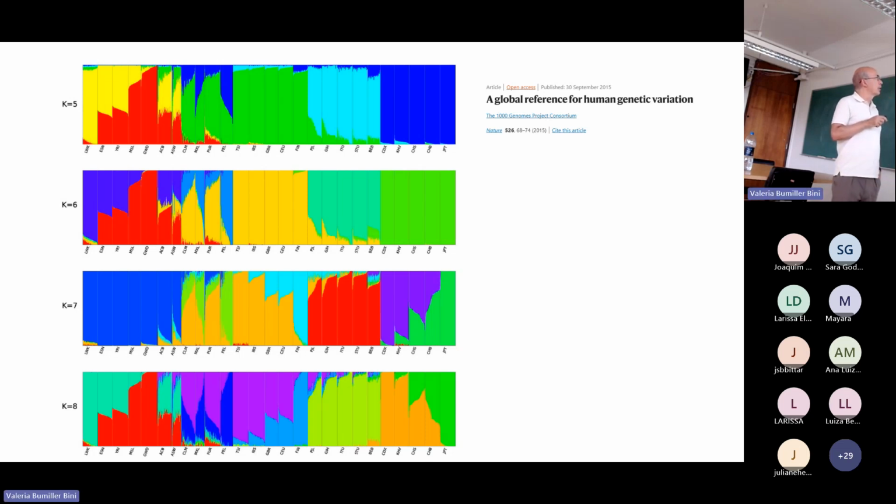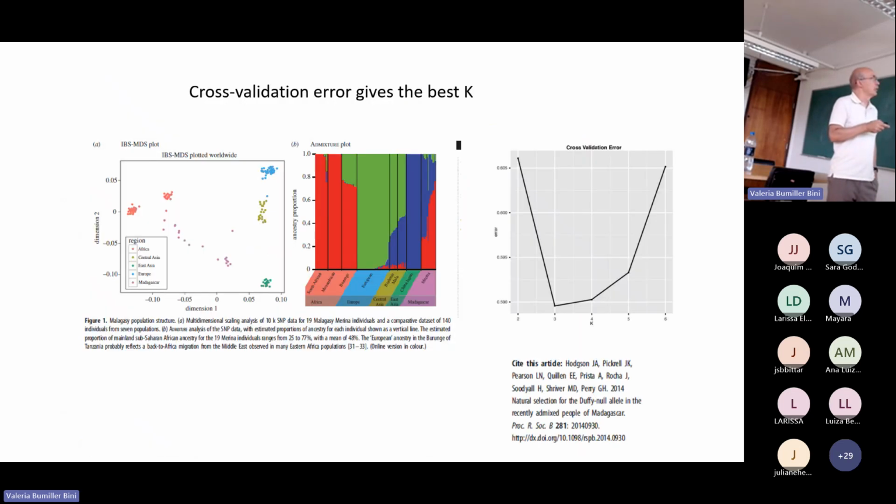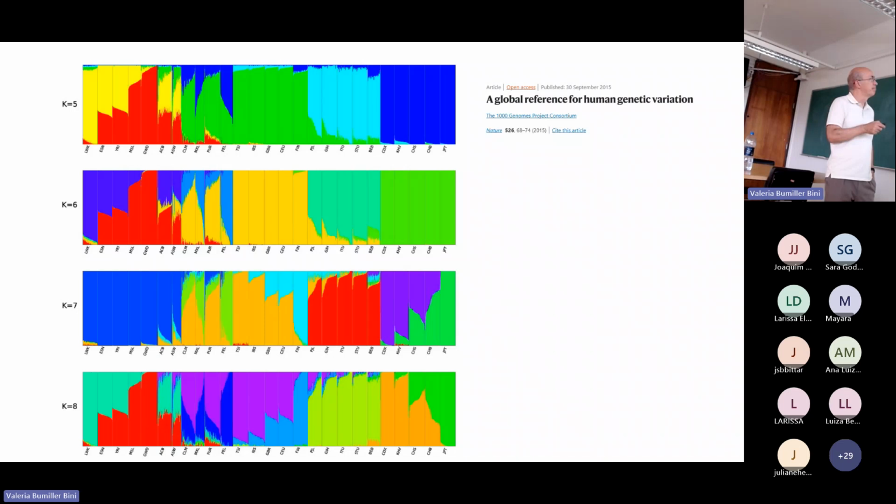The green component is found mostly in European populations and in the Americas. Blue is East Asian, most often found in East Asia, and light blue in South Asia.